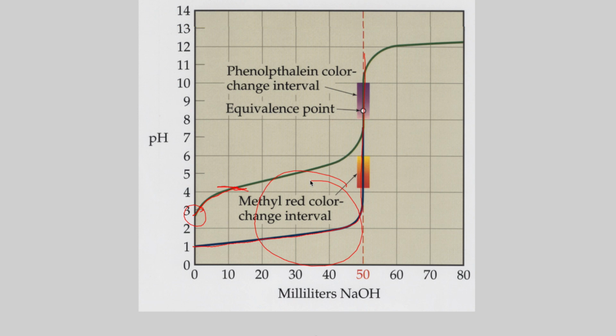Phenolphthalein's endpoint is above 7. And because it's above 7, it not only catches strong titrations, it also catches weak titrations. That's why we use phenolphthalein, yeah? Would we use methyl red if we were titrating base? Yeah, you absolutely could.